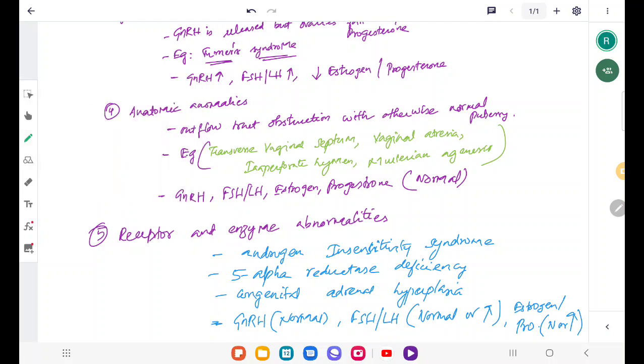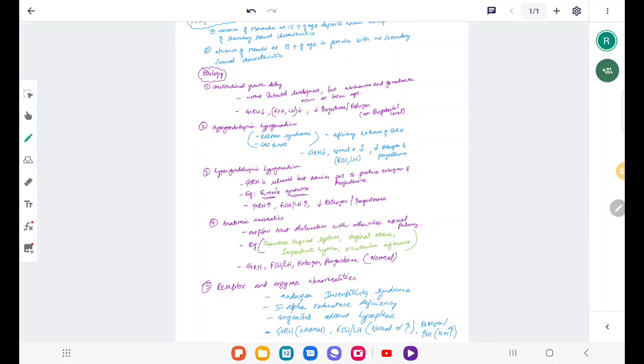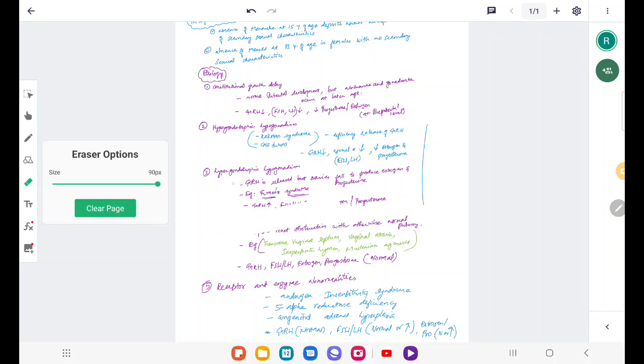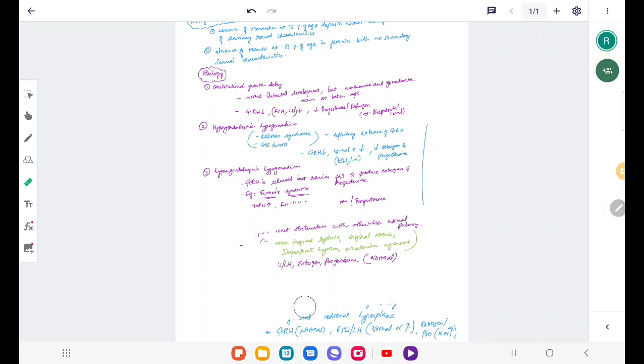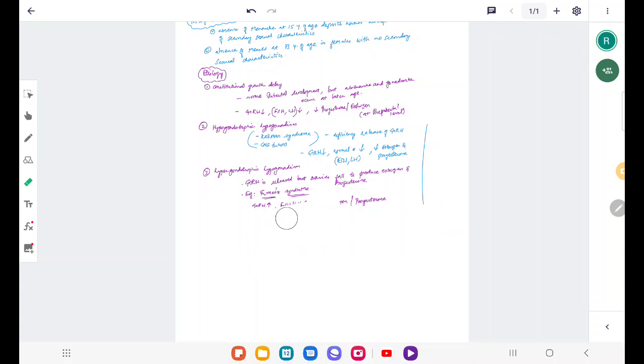Now we'll study the clinical features. The clinical features usually depend on the underlying cause. All right.